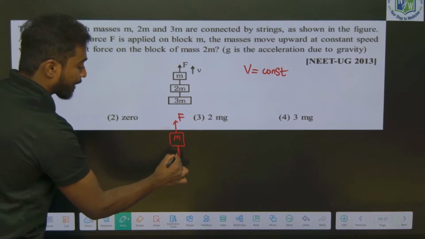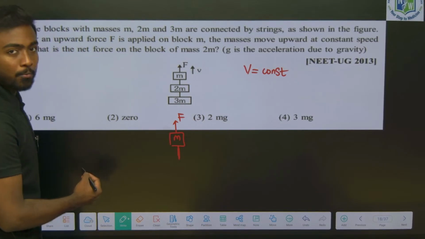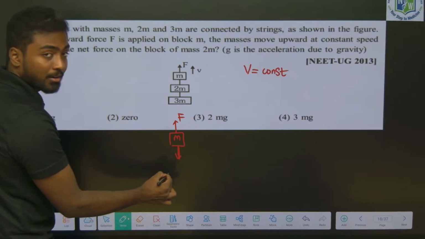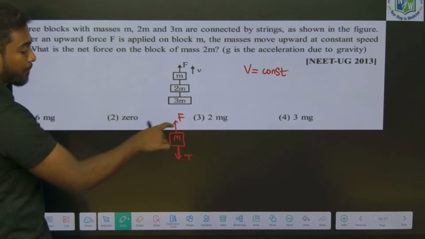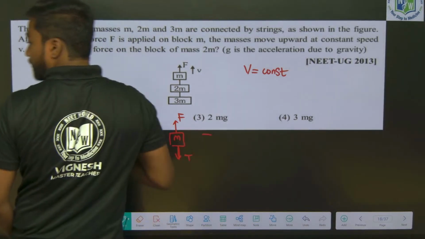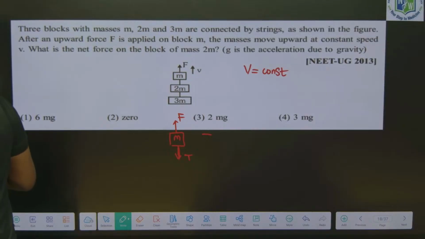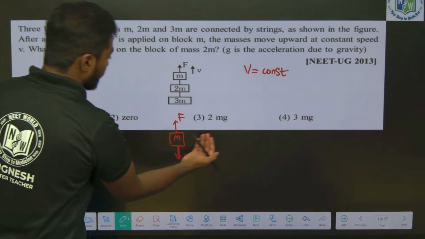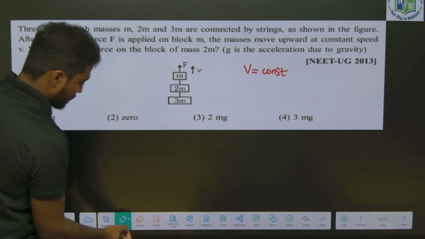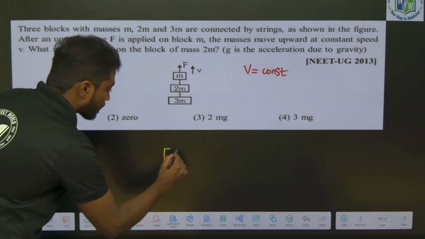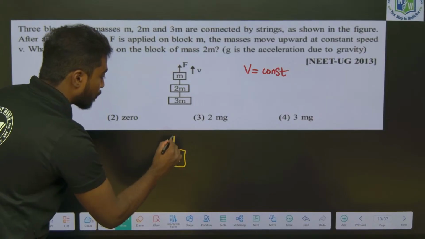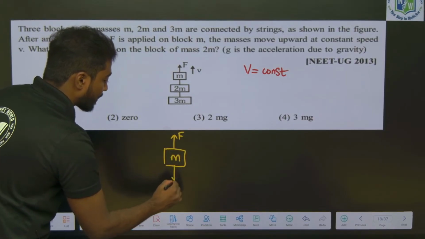One more thing is acting, that is tension, directed downward, away from the body. So this is my mass m, force F, and this is my tension T.